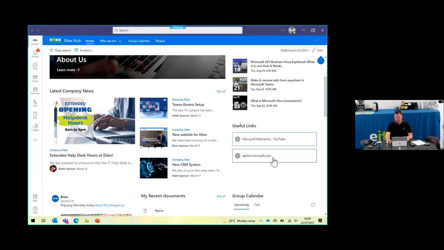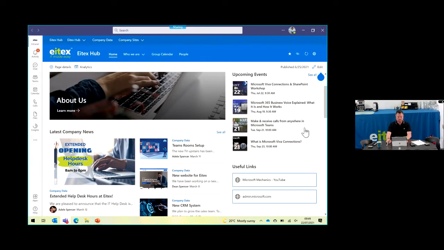We've also got an admin website that we use quite frequently. So you can have any websites that you want on your SharePoint site. It might be supplier price lists, British standards, those sorts of things. So you can have any links that you want on here.